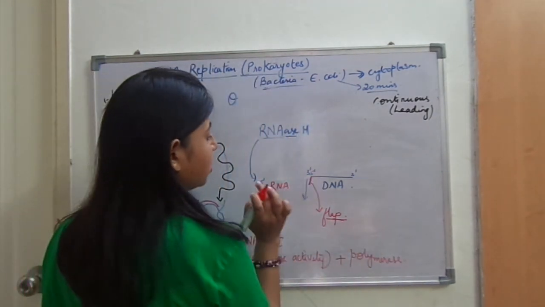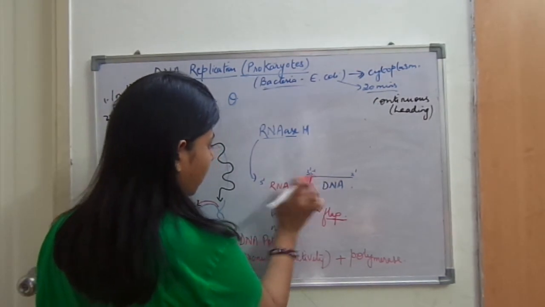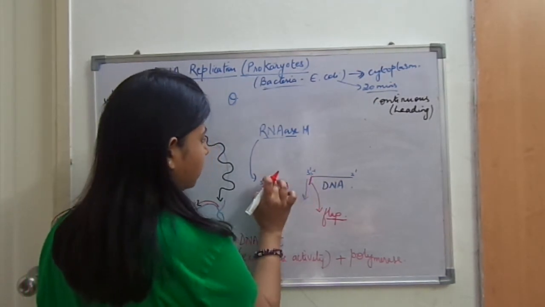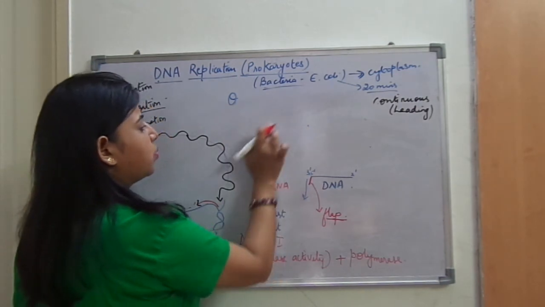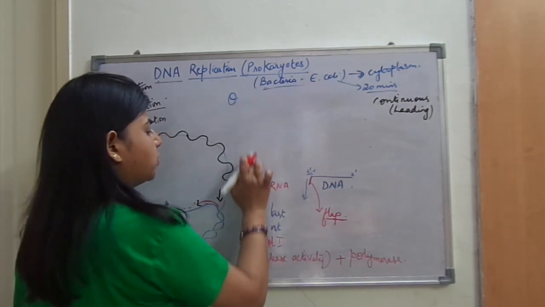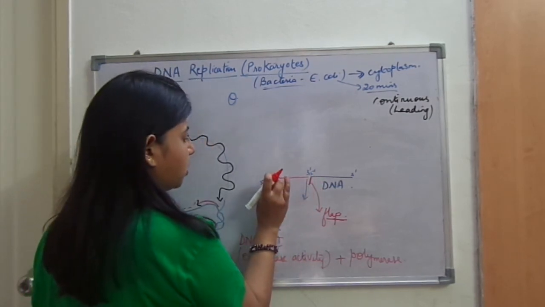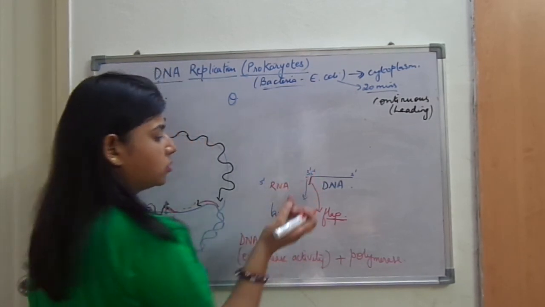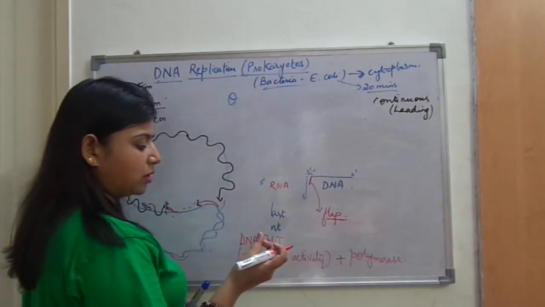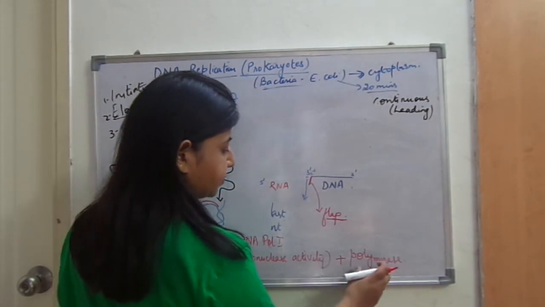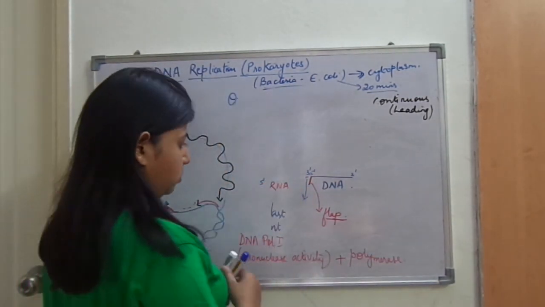So DNA polymerase 1 starts removing the strands. In fact, it's not RNase H, it is DNA polymerase 1 which removes in prokaryotes. If this was the strand, it was DNA polymerase 1 which starts removing the strands from here, except the last one, except the last that it has left, and in the meanwhile it polymerizes the strand also.